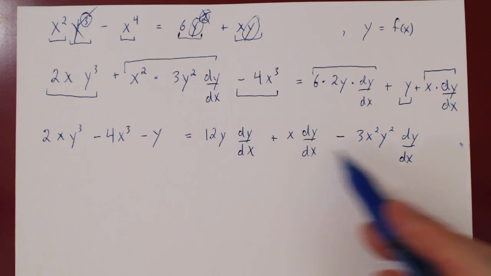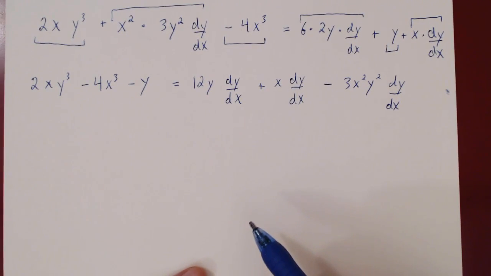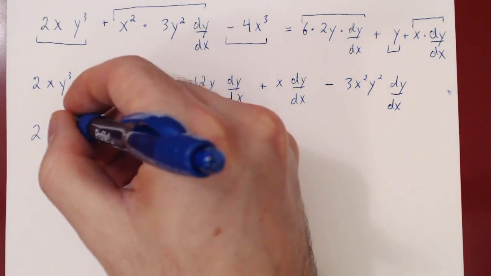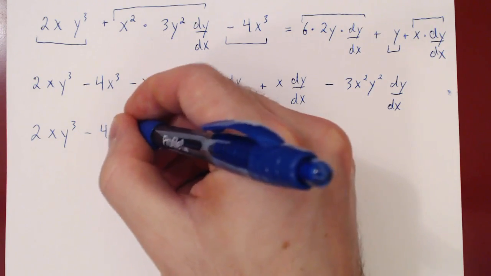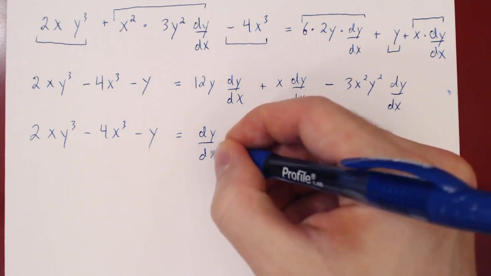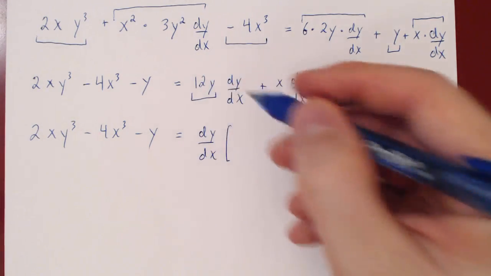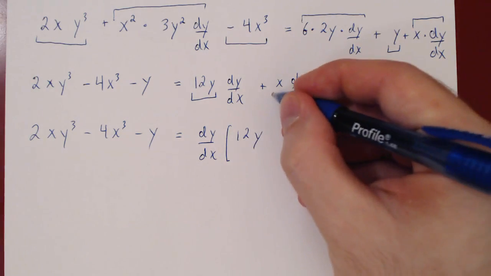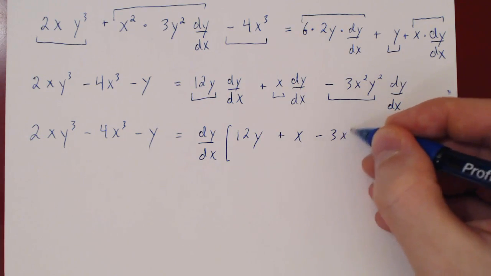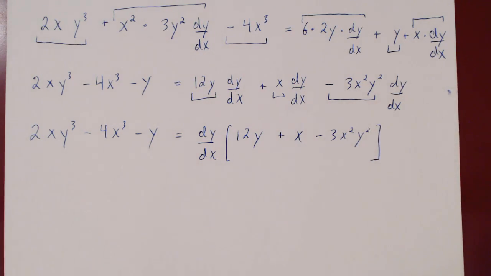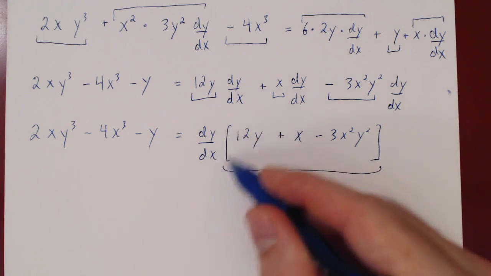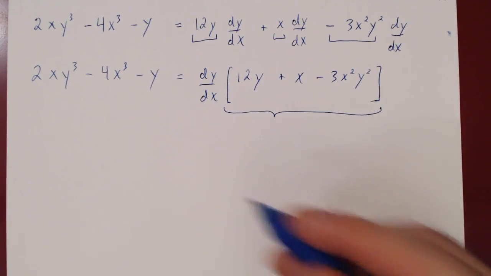And now, well, we factor dy over dx, and we're essentially done. So we have 2xy cubed minus 4x cubed minus y is equal to, factoring dy over dx, 12y plus x minus 3x squared y squared. And our last step is to divide both sides by this expression, so we can isolate our dy over dx.